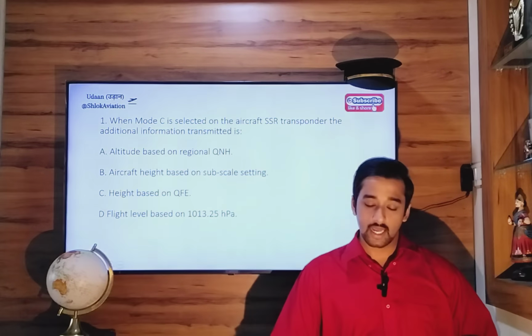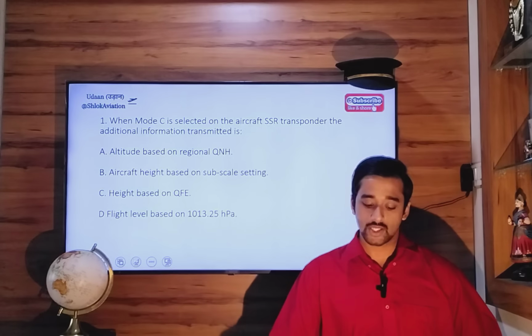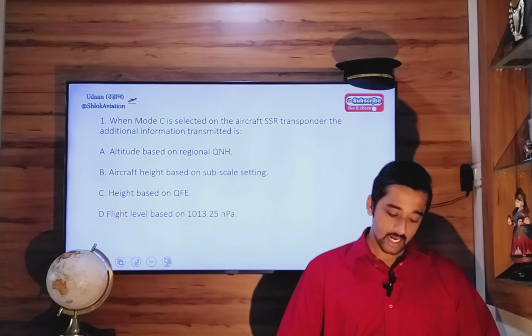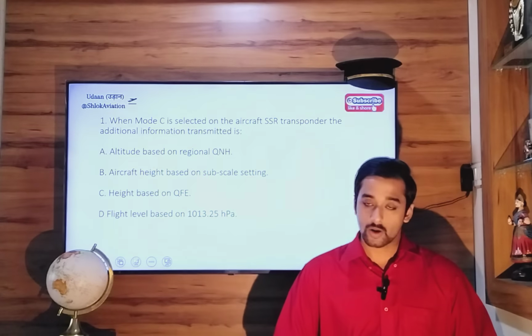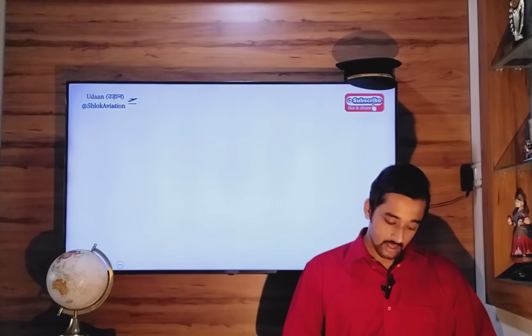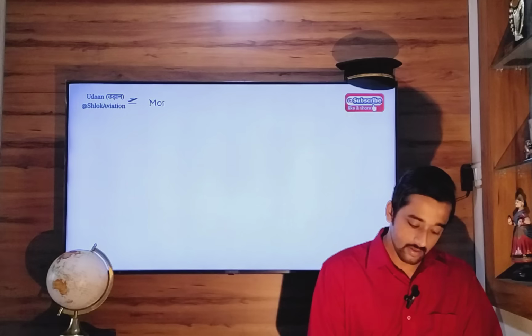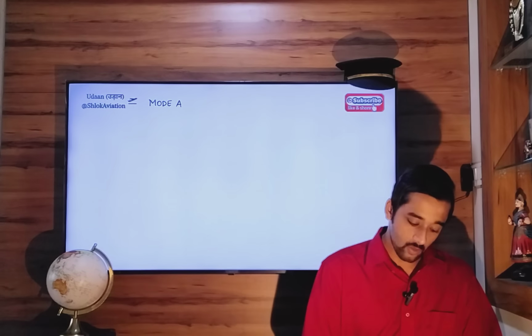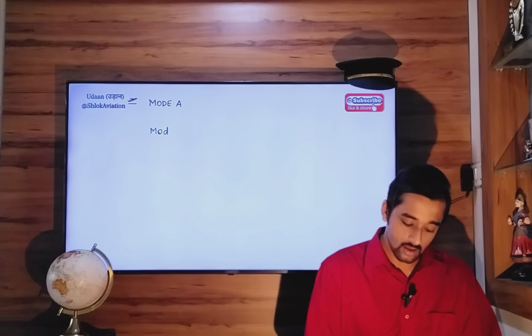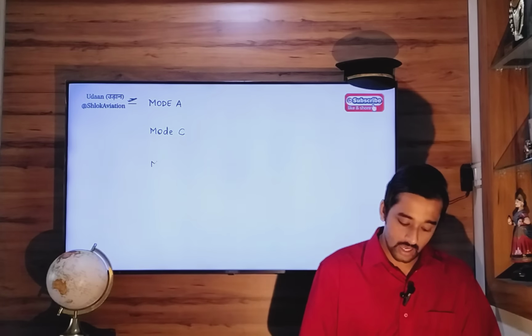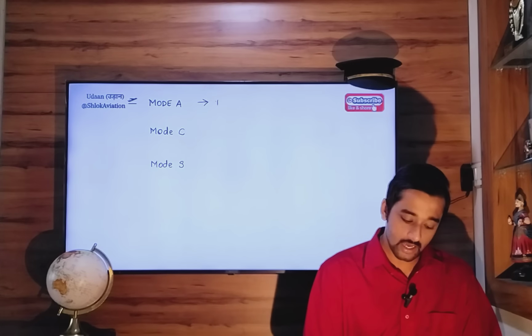When Mode C is selected on aircraft secondary surveillance radar transponder, the additional information transmitted is what? So very important. There are three main modes: Mode A, Mode C, and Mode S. Mode A transmits the identification of aircraft.